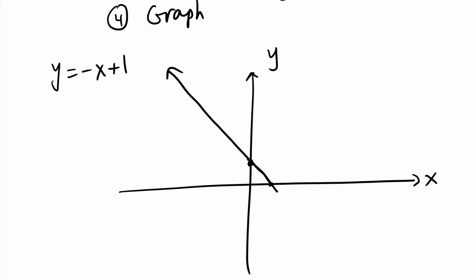So it goes like this. But the condition said only graph it from negative 1 to 0. So if you project it up, we can't have that part. So we have to erase this part. So that's the graph for the first one.